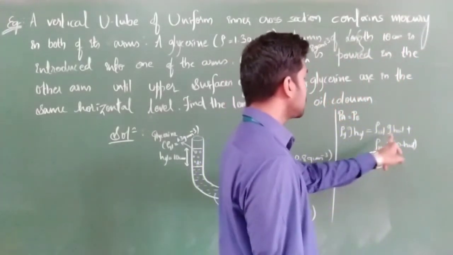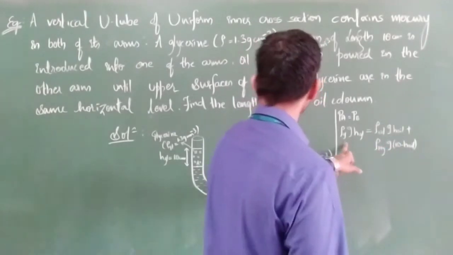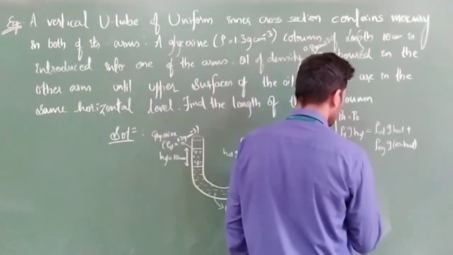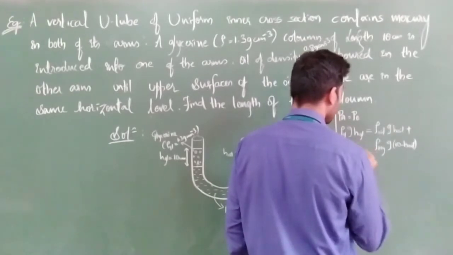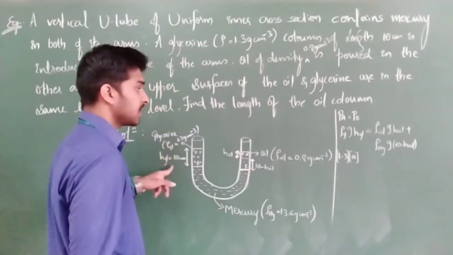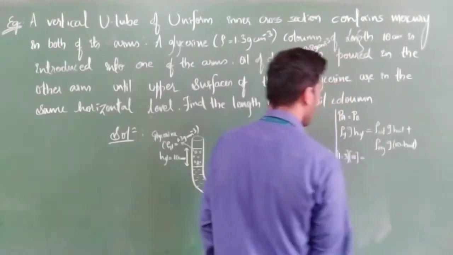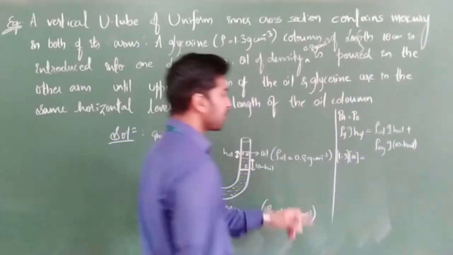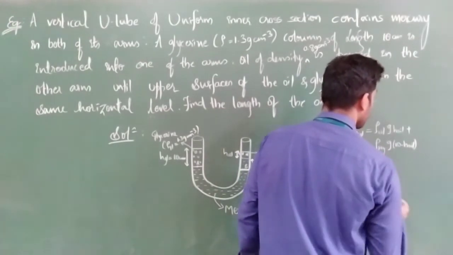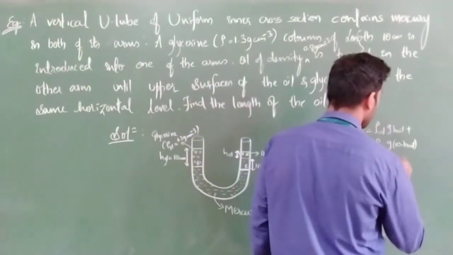First of all, you can take g common here and cancel it on both sides. So density for glycerine, how much had they given? 1.3, into H, how much had they given? 10 centimeter. Correct now? This is nothing but 10 centimeter. H for glycerine is equal to density of oil, 0.8 given, into H oil; we can simply keep it as H oil only.